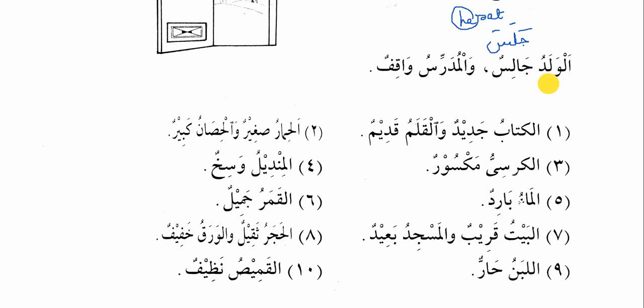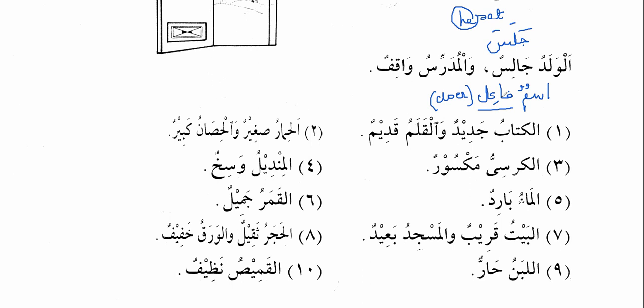So in Arabic it is called ismun fa'il. Okay, ismun fa'il, the one who does the action. Fa'il means the doer, the one who does the action. And the one who is doing the action is called ismun fa'il.